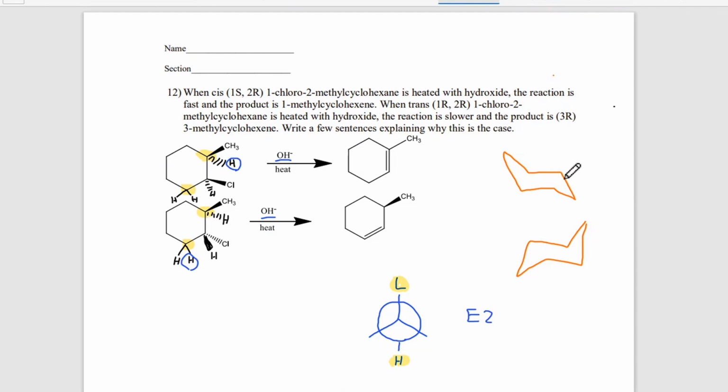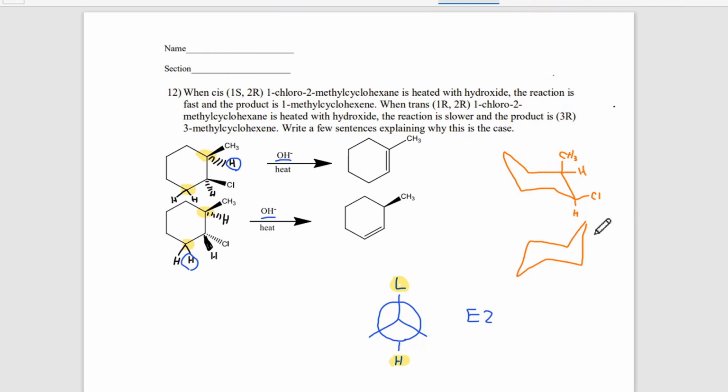Let's say it's in this position, and this is your carbon. The CH3 is up, and the hydrogen is out here. Or the chlorine is up, and the H is down here. Now in this conformation, it would not work.